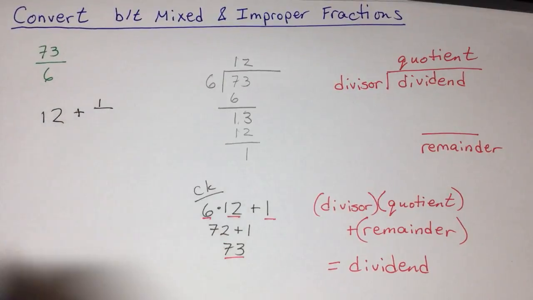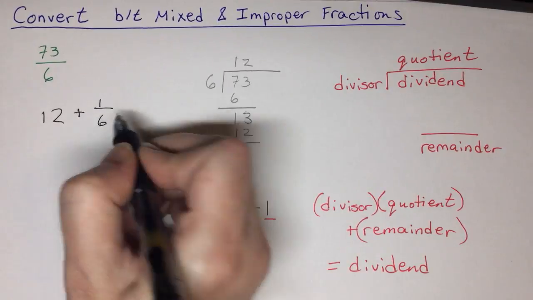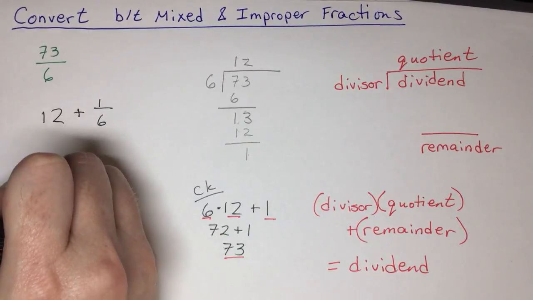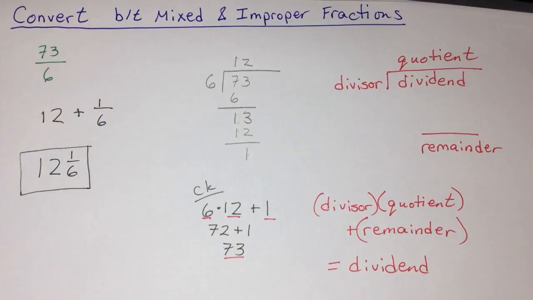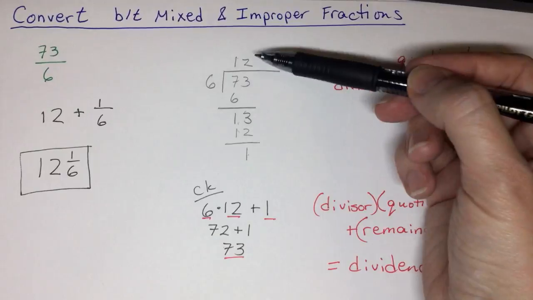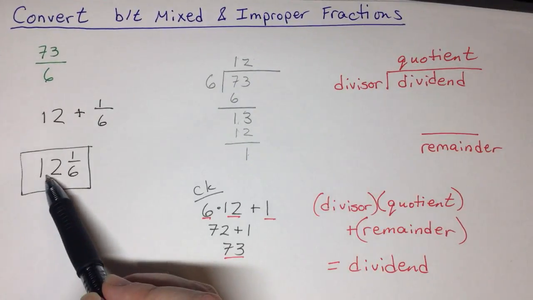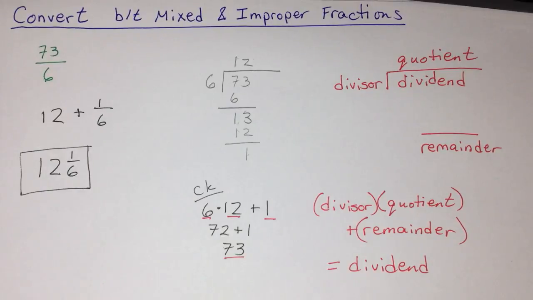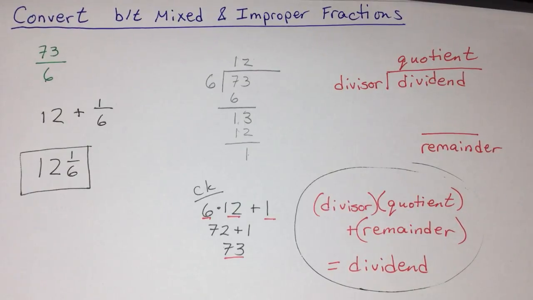So I still have plus, not 1 whole, but 1 out of 6. 12 plus 1/6, or 12 and 1/6, the mixed number. Quotient, remainder, divisor. And this setup then is how we'll go the other way.